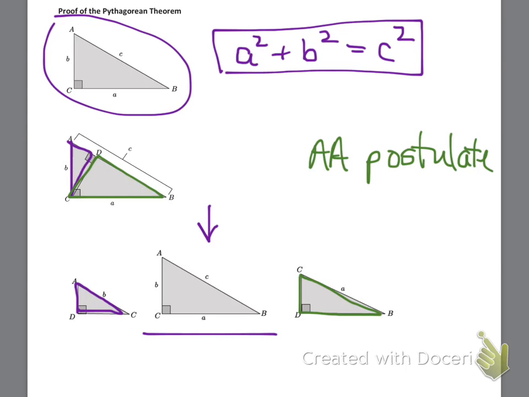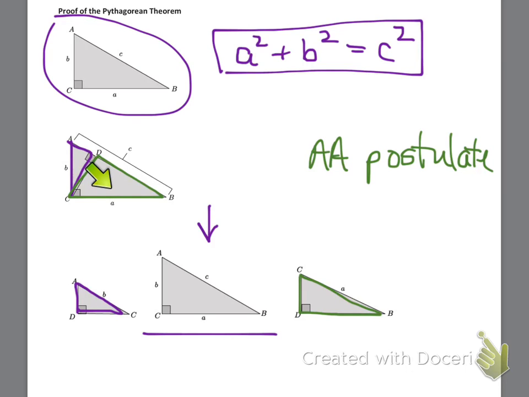And so I have this angle here congruent to this angle. Therefore, all three angles have to be congruent and the triangles are similar. Okay, so remember angle-angle postulate, I can do that.